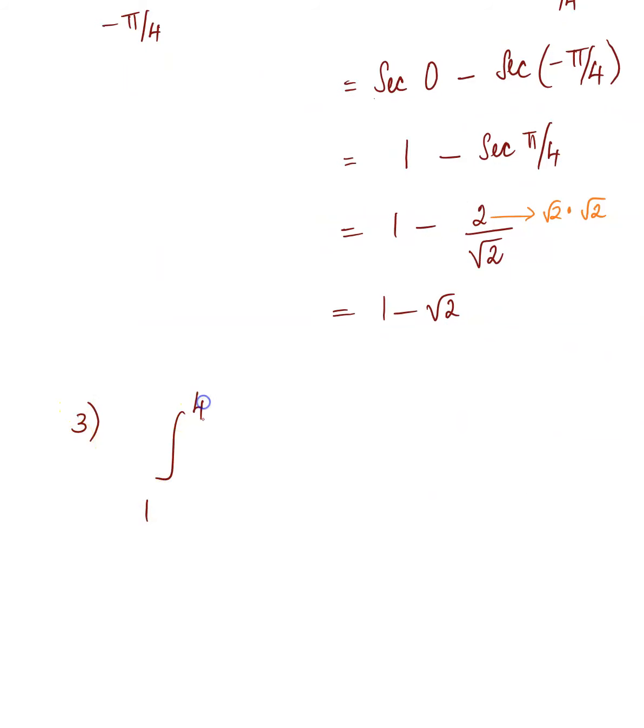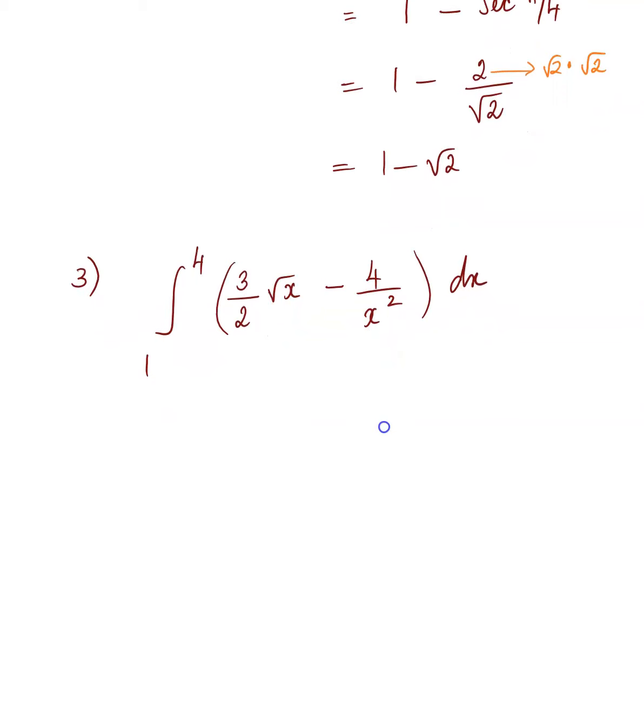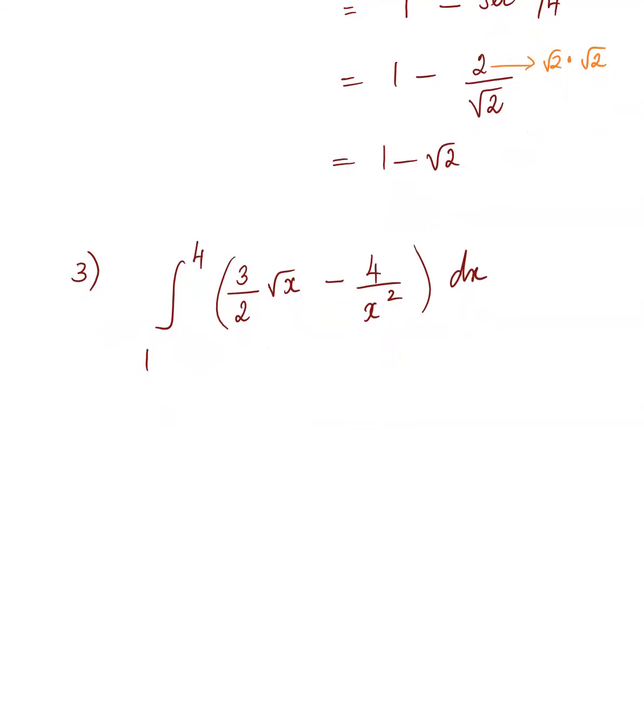The integral from 1 to 4 of 3 over 2 square root of x minus 4 over x squared, whole thing dx. Once again, you can think in terms of the reverse order, or you could use our integration rules.